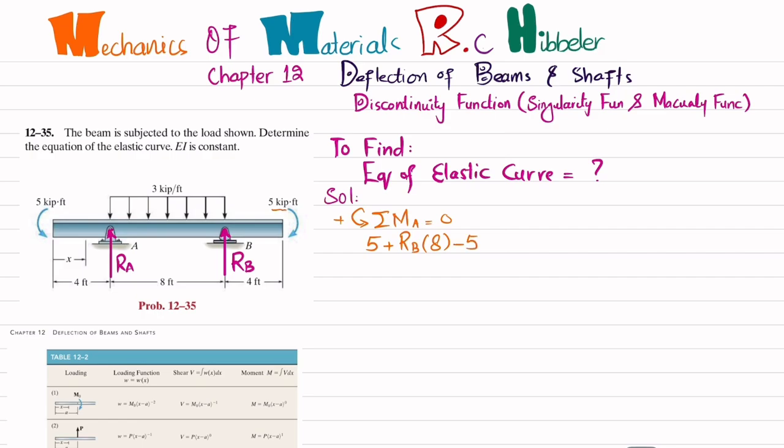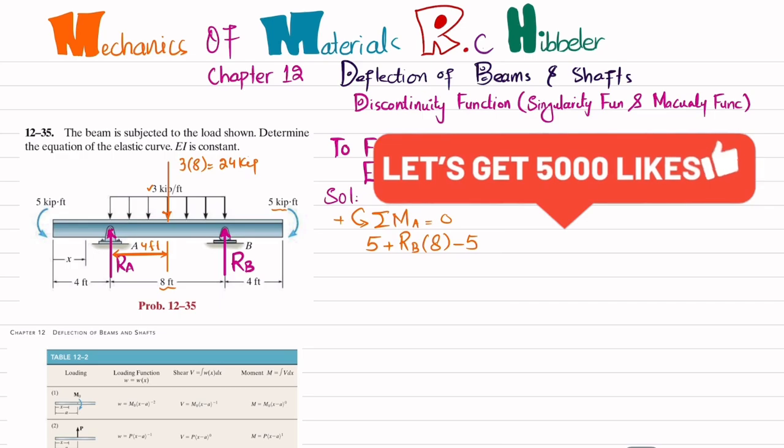And the last moment is produced due to this distributed load. When this distributed load is converted into a point load, it will be equal to 3 into the length, which is 8 feet. So this is a 24 kips force that is applied in the middle, and its perpendicular distance about point A will be equal to 4 feet. This is also producing clockwise moment, so it will be negative.